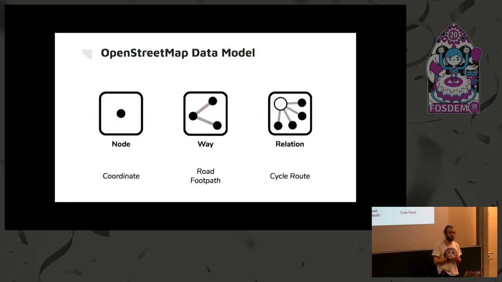So a cycle route is stored as a relation where they're just stating all the different ways that make up that cycle route, so all the different roads involved.